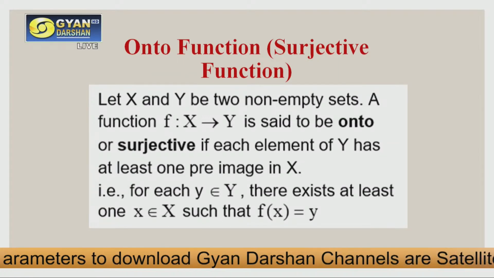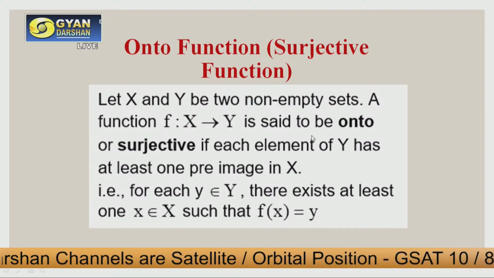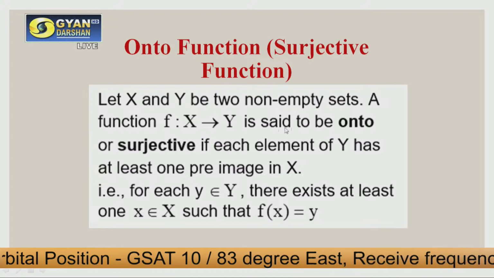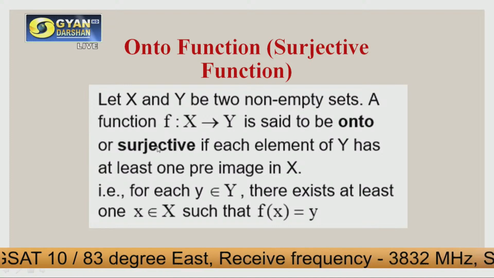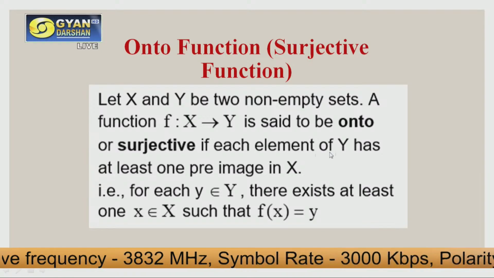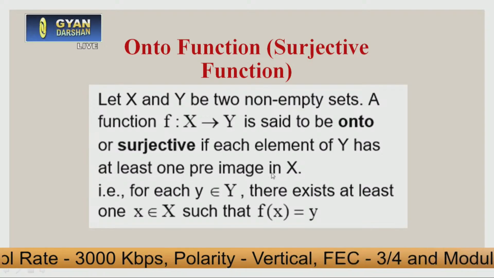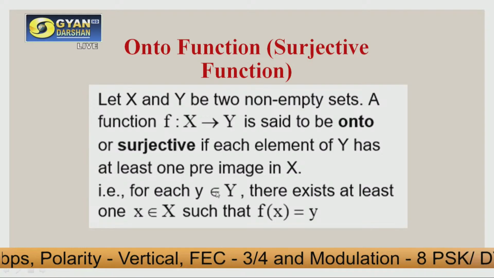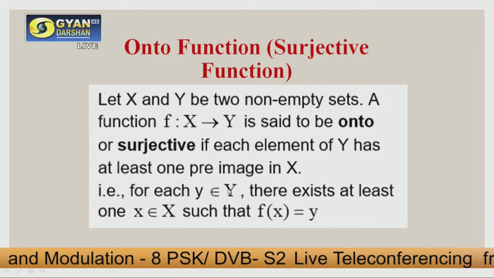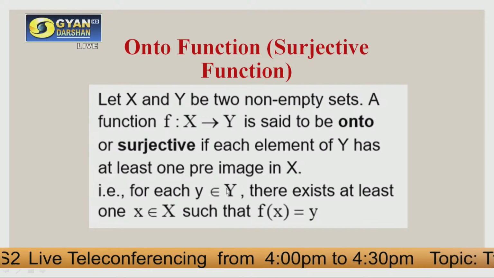Onto functions. Now for onto functions, if we have two non-empty sets X and Y, then a function from X to Y is said to be onto, another name of onto function is surjective function, if each element of Y has at least one pre-image in X. If we write this as a word statement, if you take small y, you know that small y means it is a member of capital Y. Capital Y is a set, and the members of the set are denoted by small letters.